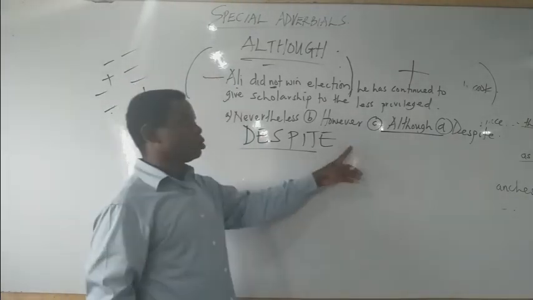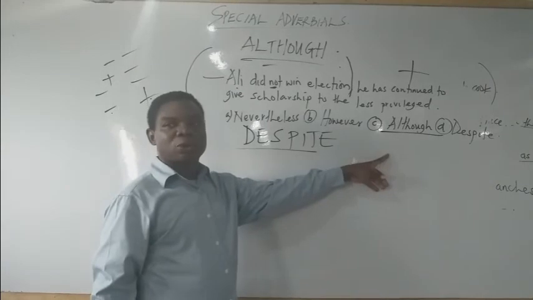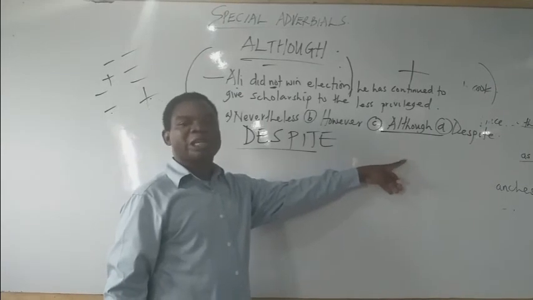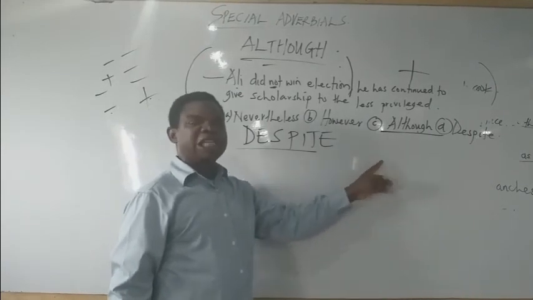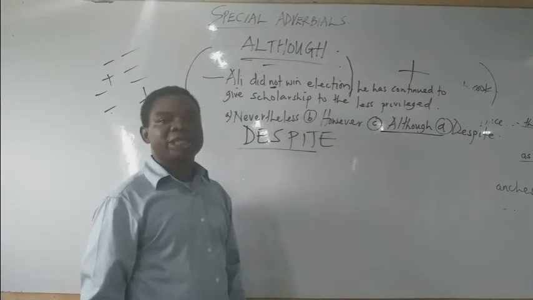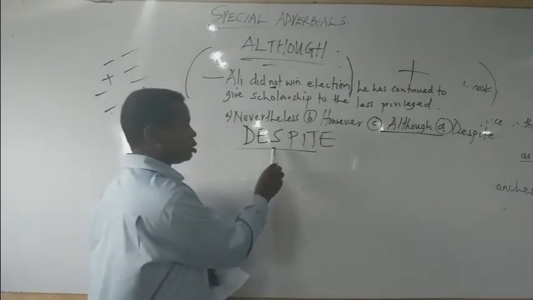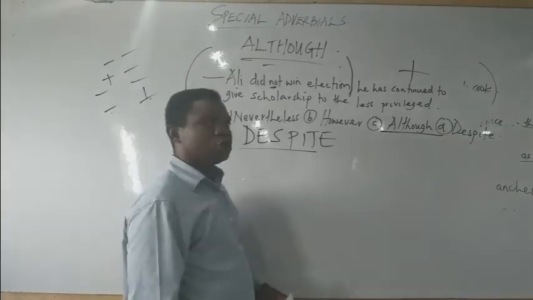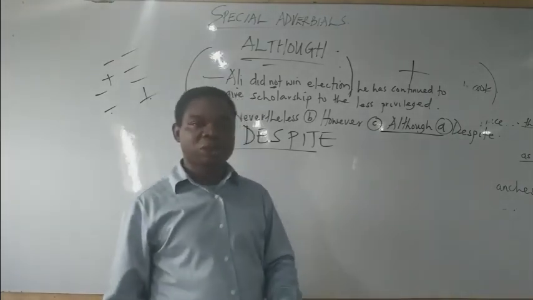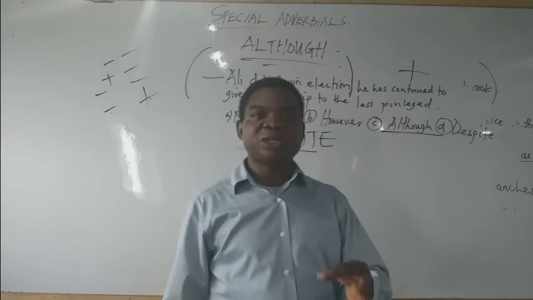When what happens is not expected by an individual, what you use in that instance is despite.